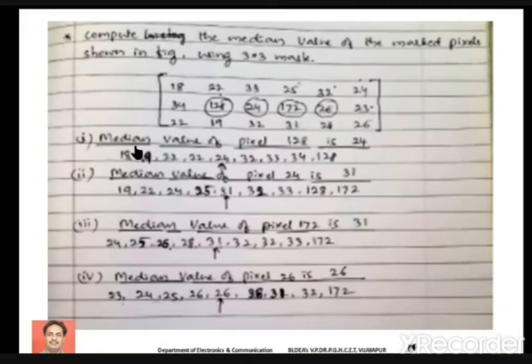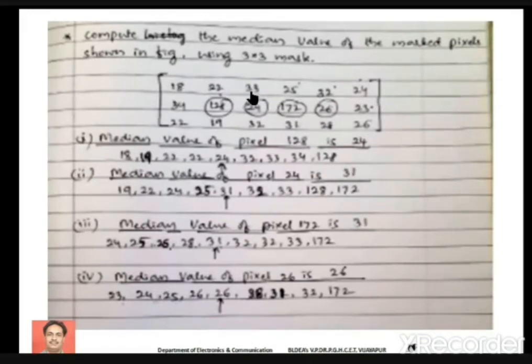First, we'll take the median value of pixel 128. Let us see how to calculate it. Please look at the cursor point. This is 128, right? You have to consider a 3x3 mask, which means you make this 128 the center pixel. Now you consider the surrounding values, the particular rectangle I'm showing with the cursor.